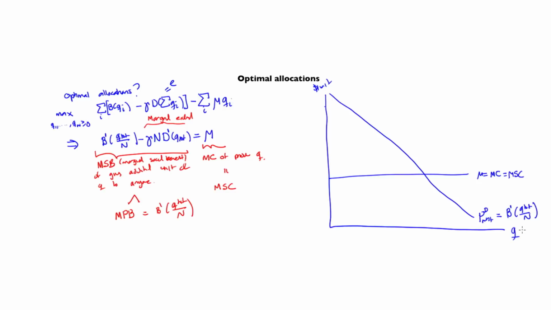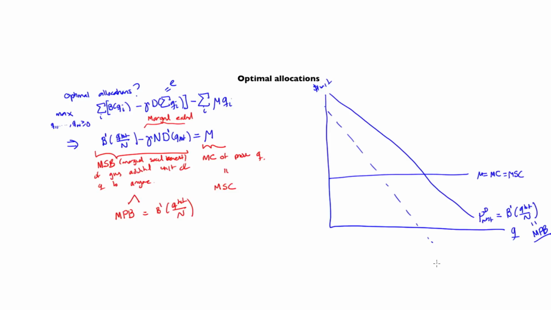Okay? Now, what else do we know? We know that this is not the marginal social benefit. This is what is often called the marginal private benefit. The marginal social benefit is going to have to subtract this marginal damage. So it may be a subtraction, let's say like this.